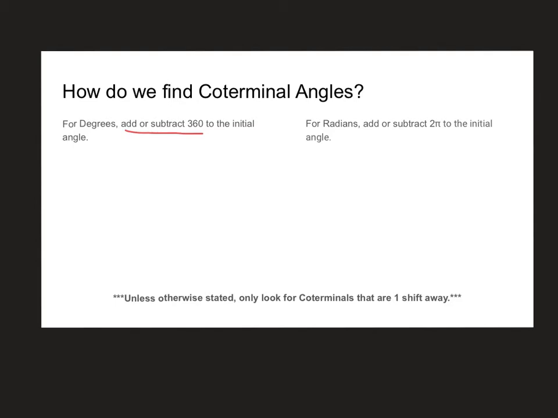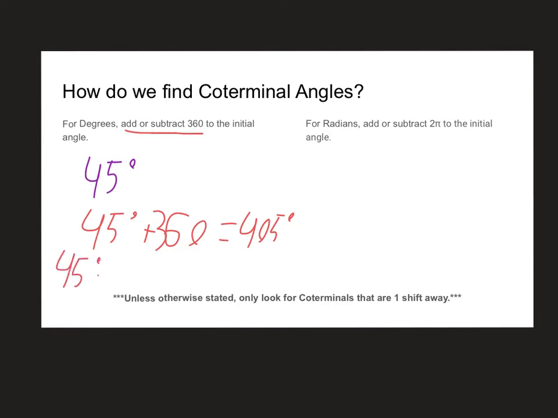For instance, with 45 degrees, we would add 360 to it, and that would give us 405 degrees. To find the coterminal on the opposite end, we'd subtract 360 degrees from 45 degrees, and that would give us negative 315 degrees.